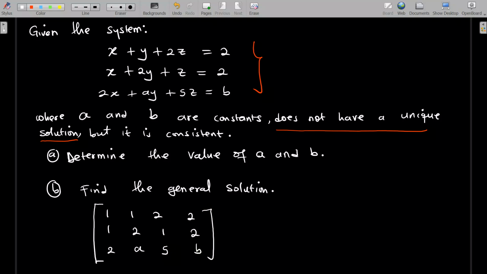So for this system to have no unique solution, the matrix A I get here, which is equal to 1 2 2, 1 2 1, 2 a 5, should have a determinant of 0.